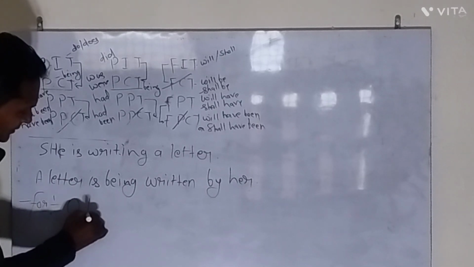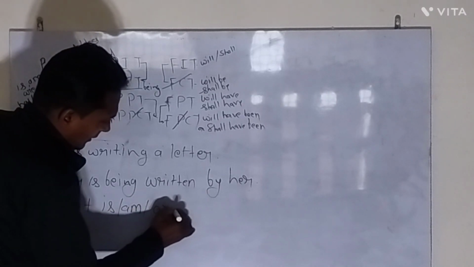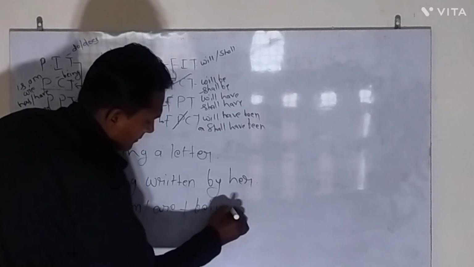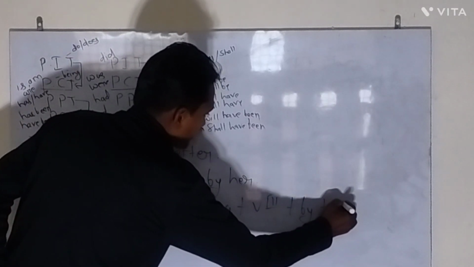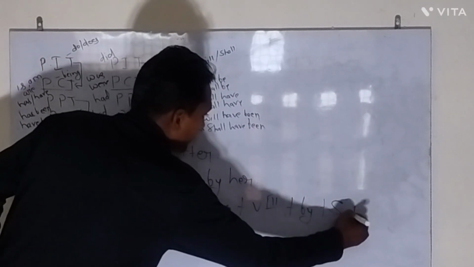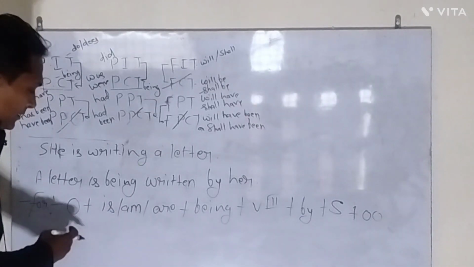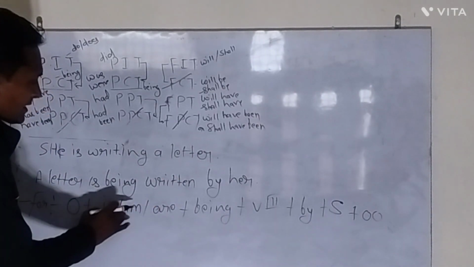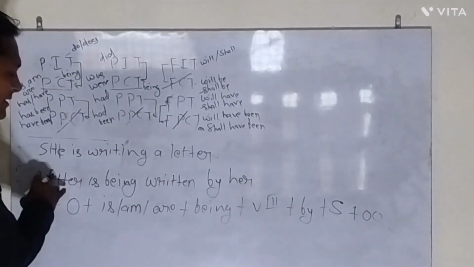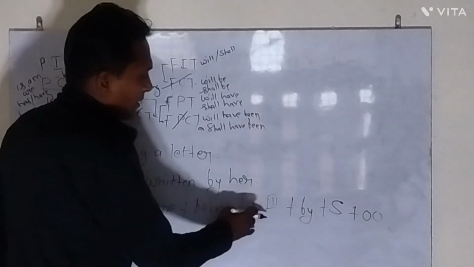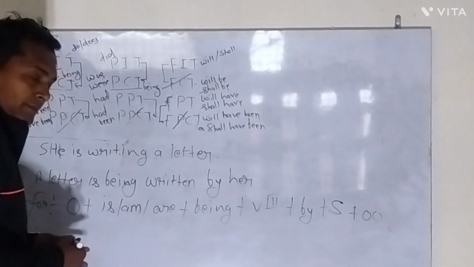If you want to write down the formula, you can write it as well. Object plus is, am or are, plus being, plus third form, plus by, plus subject, plus other object, if any. Full stop. Understood? The object you have to take as the subject, and is, am or are based on that subject.